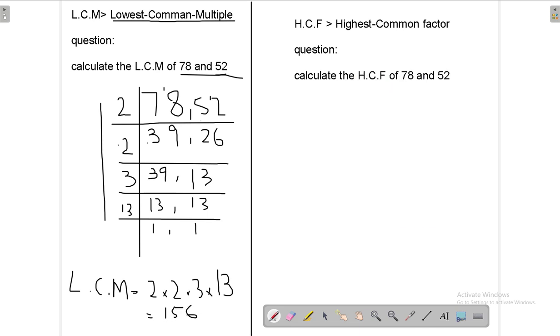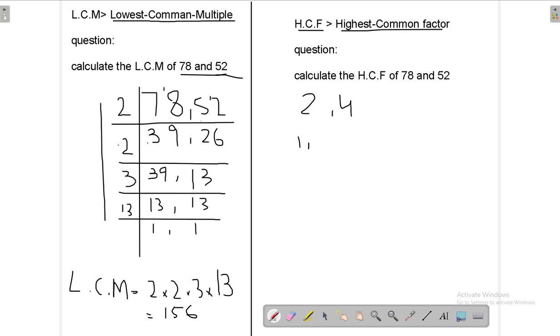Now coming on to HCF. HCF is the highest common factor, which is a common factor. Here in the LCM it was a multiple, but here it is a factor. So if you are given, for example, 2 and 4, just think of what the factors of 2 are.